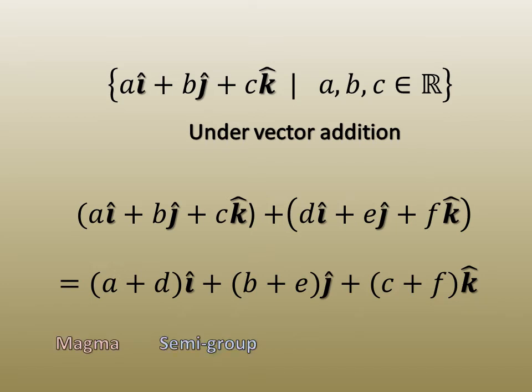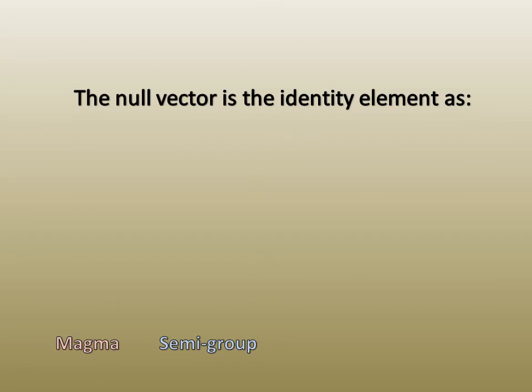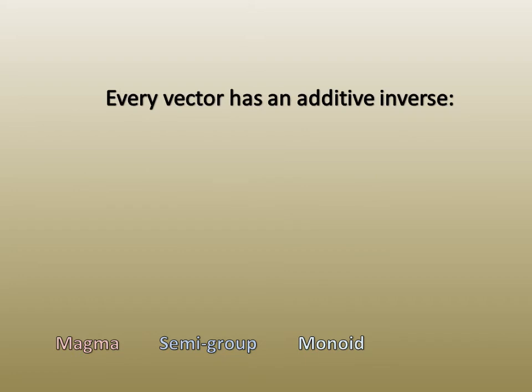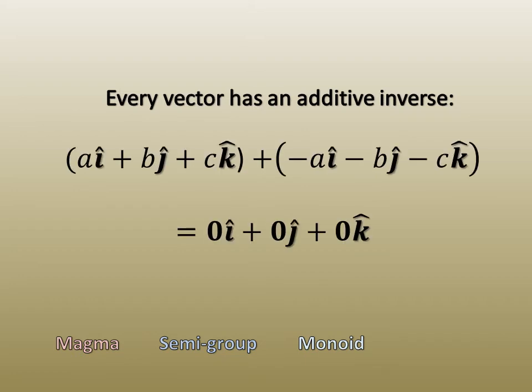The null vector is the identity, and every vector has an additive inverse. So we have a group. In this case we have an Abelian group, as addition over the real numbers is commutative.